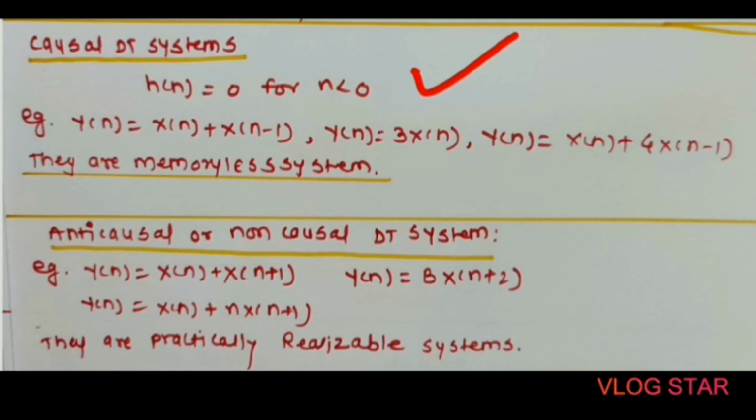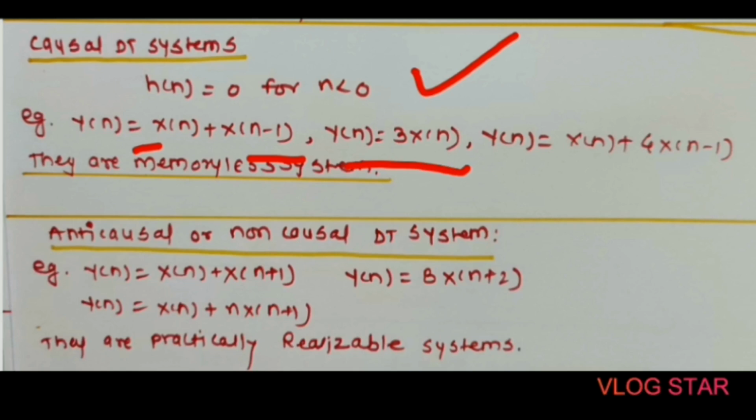If we take some examples, then y of n is equal to x of n plus x of n minus 1. Here y of n depends on x of n and x of n minus 1, so x of n is the present value and x of n minus 1 is the past value. Second, y of n is equal to 3 into x of n.